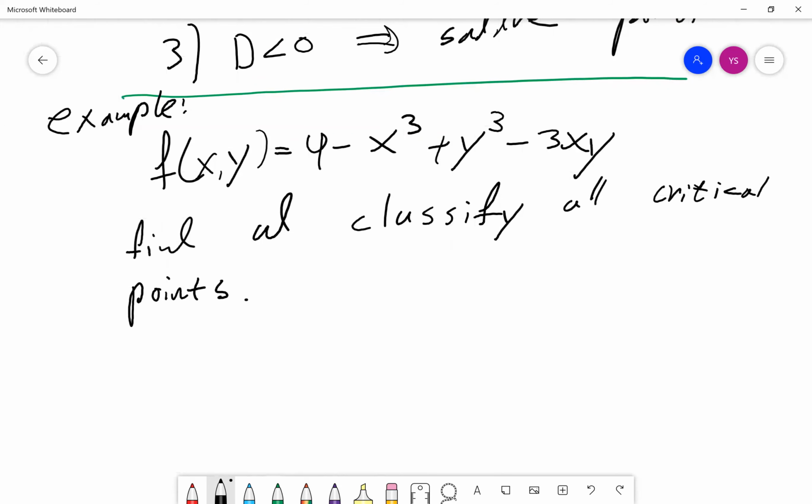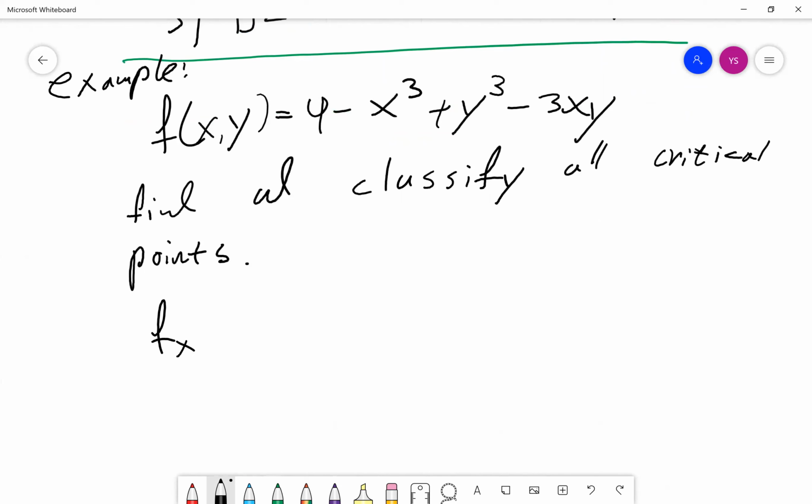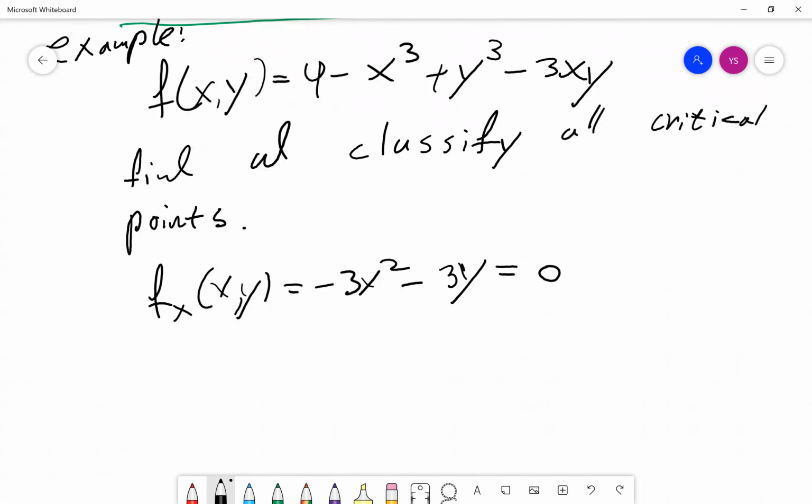Okay. So first step, let's take the gradient, or let's take the partial of f with respect to x at x comma y, which is equal to negative 3x squared minus 3y, and set this equal to 0. Second step, partial of f with respect to y at xy. Well, that's going to be equal to 3y squared minus 3x.